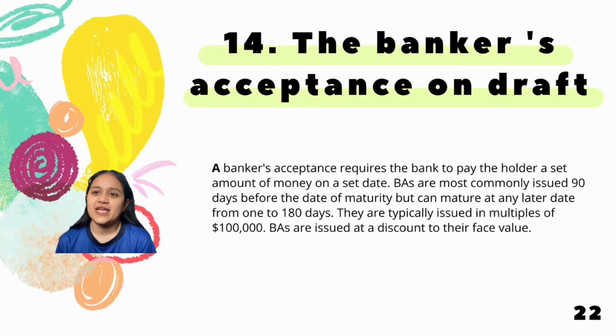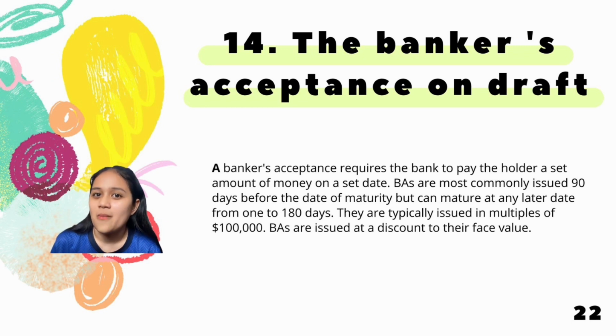The banker's acceptance on a draft. A banker's acceptance requires the bank to pay the holder a set amount of money on a set date, commonly issued 90 days before the date, but can range from 1 to 180 days. They typically include multiples of 100,000 and are issued at a discount to their face value.